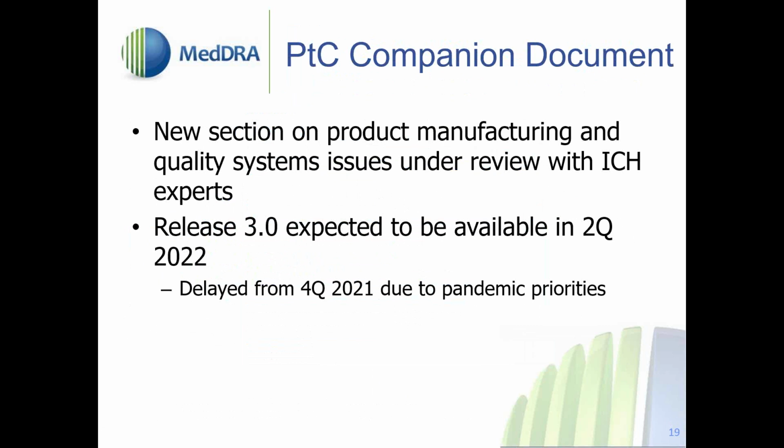And this release 3.0 of the companion document with this new fourth section will be available in the second quarter of 2022. Now, originally, we had expected to have completed this by the fourth quarter of 2021, but as you all know, the pandemic sort of took priority over all other matters, and therefore this is somewhat delayed but nevertheless will be available in the second quarter of this year. Next slide, please.